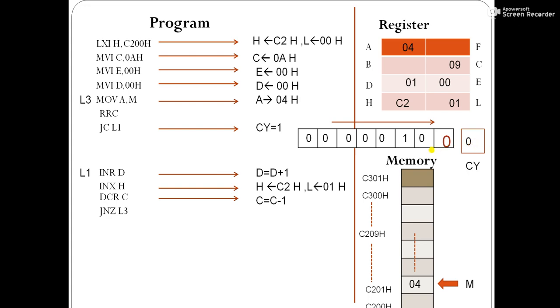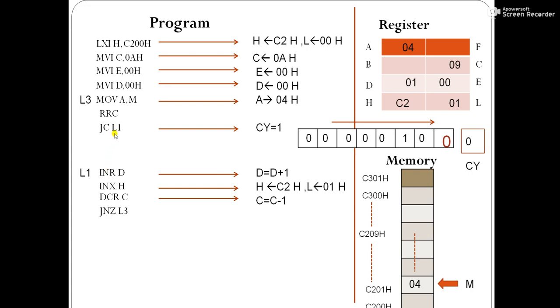Now we are using the instruction JC, which means if the carry flag is 1, then we have to increment the odd counter, register D, right? Now, is the carry flag set? No, it is reset. The carry flag contains 0, so this condition is false. Do we need to jump to this step? No. Then what do we have to do?